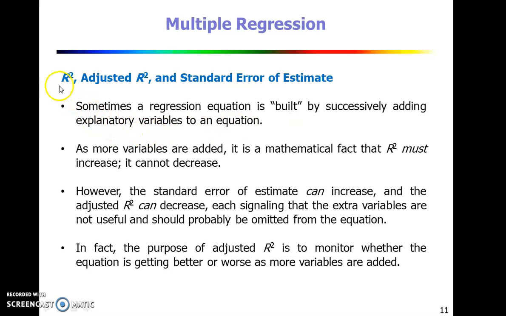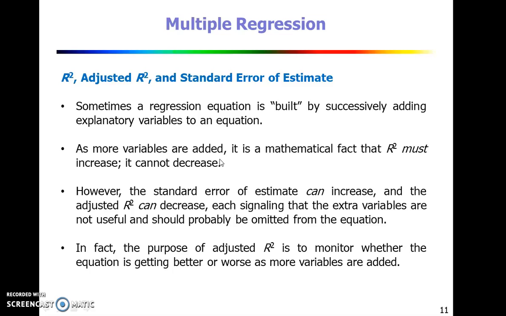Here, R square, adjusted R square and standard error of estimate. Sometimes the regression equation is built by successively adding explanatory variables to an equation. So why do we need to give much importance to R square over here? To estimate the standard error. As more variables are added, it is a mathematical fact that R square must increase.